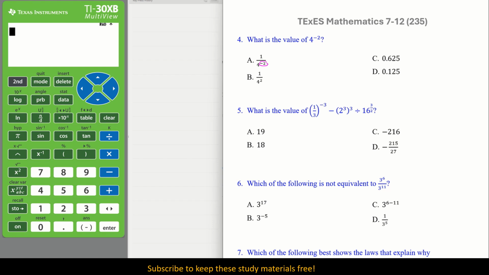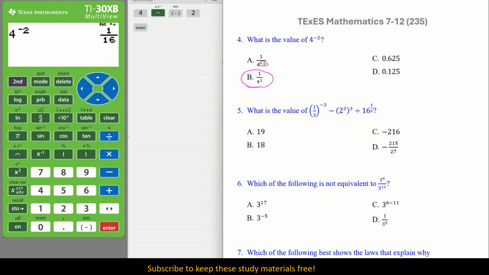So let's take a look at this. If we have 4 carried up to the negative 2, that's going to equal 1 over 16, okay? Which, in my opinion, and you probably see it, actually looks like option B.